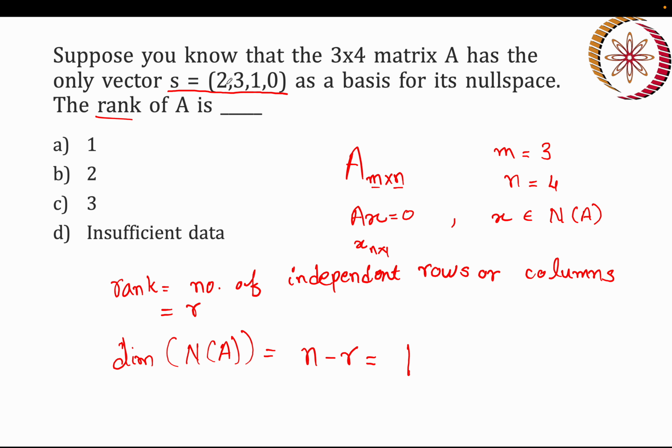Only one vector can span this null space, so it is a one-dimensional space. The number of columns is 4, minus rank, so the rank is 4 minus 1, which is 3. That is the answer. I think this is clear now. Is there any doubt?